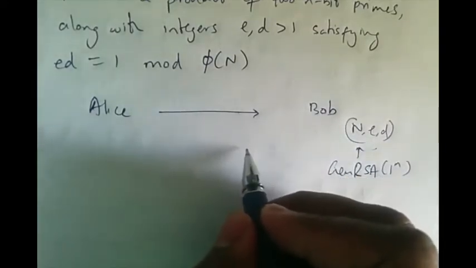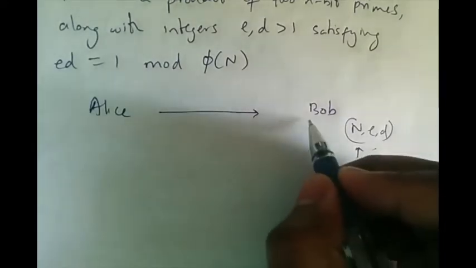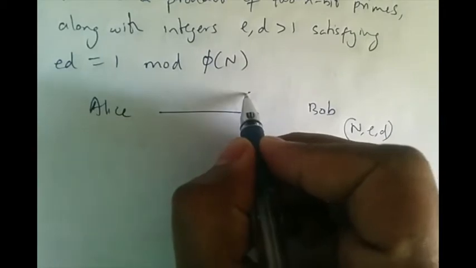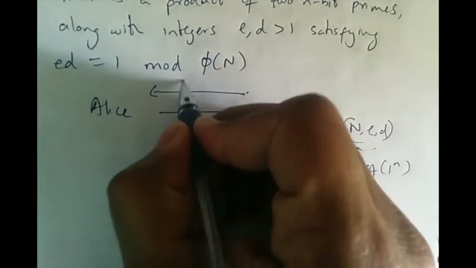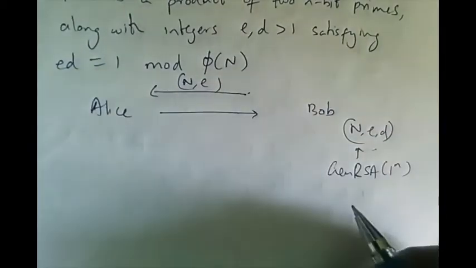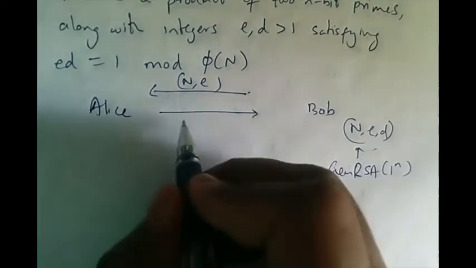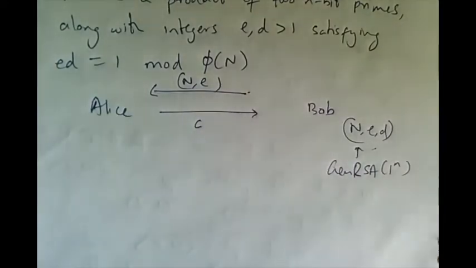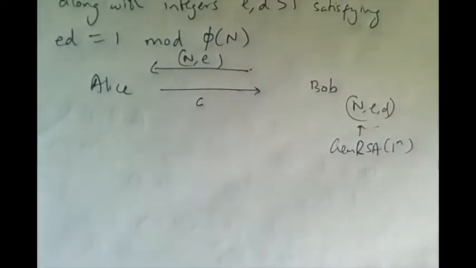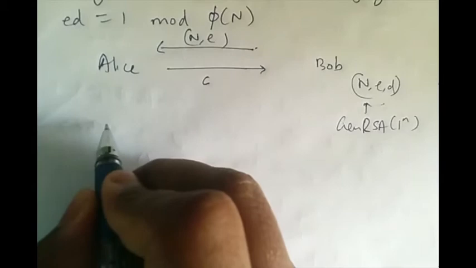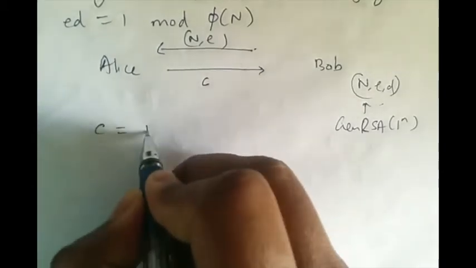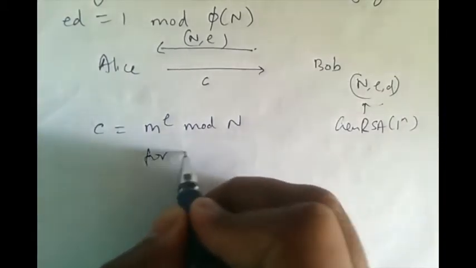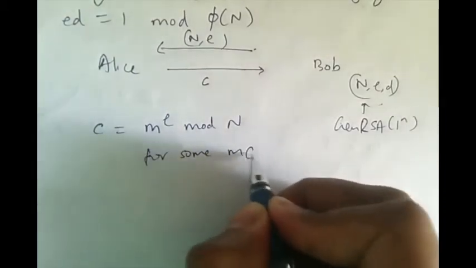So he'll send Alice N and E. And then Alice will send Bob some C, the ciphertext, where C is m to the e mod n for some message m in Zn star.